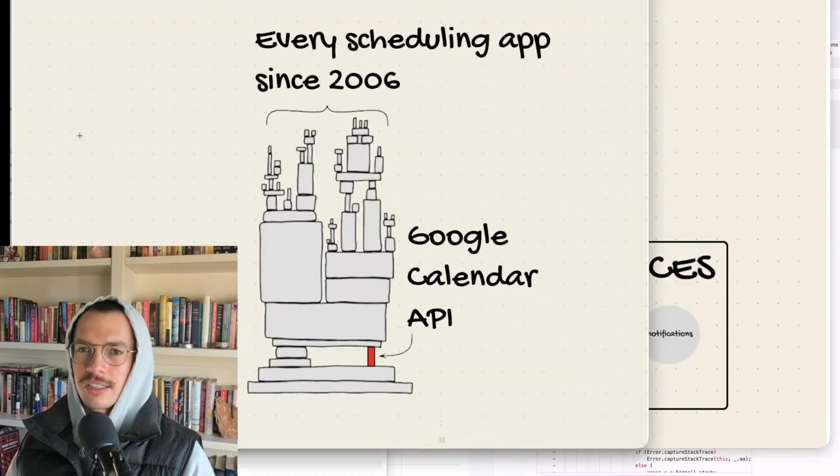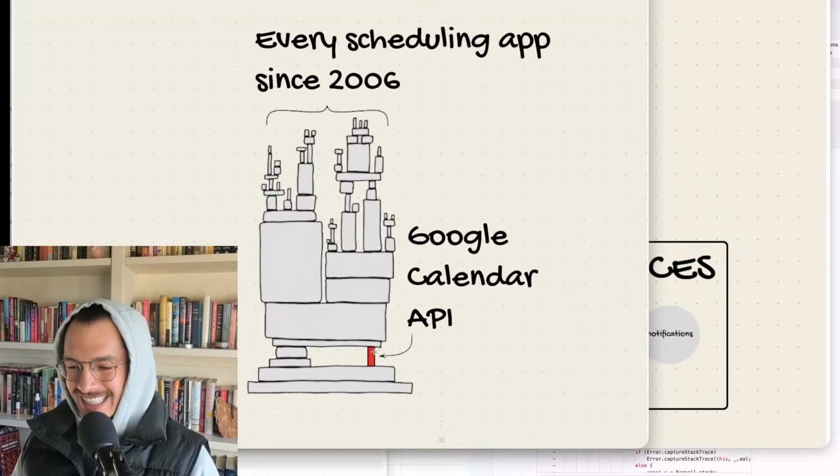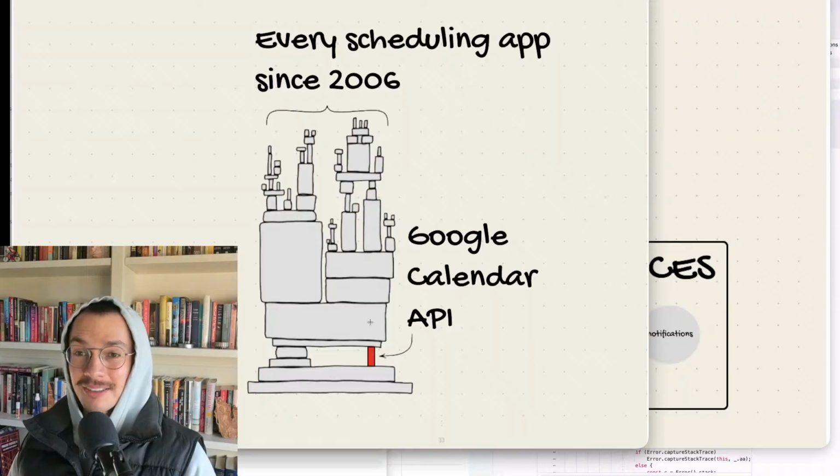This is reality. This small API, Calendly, every premium calendar app, every one-off enterprise scheduling app, my app, Compass Calendar, for authentication and syncing.